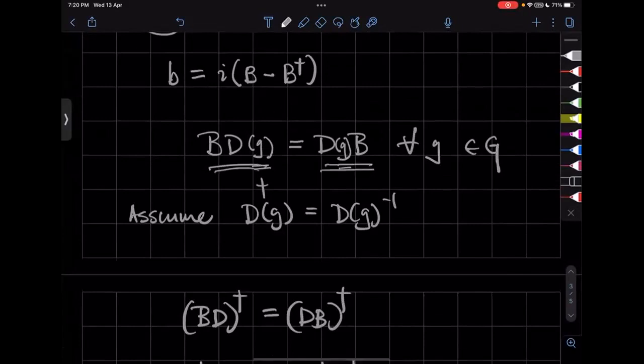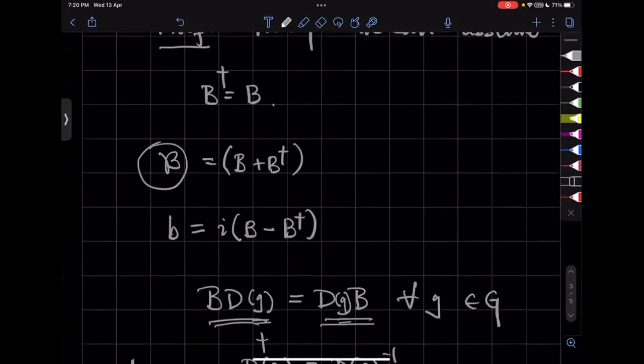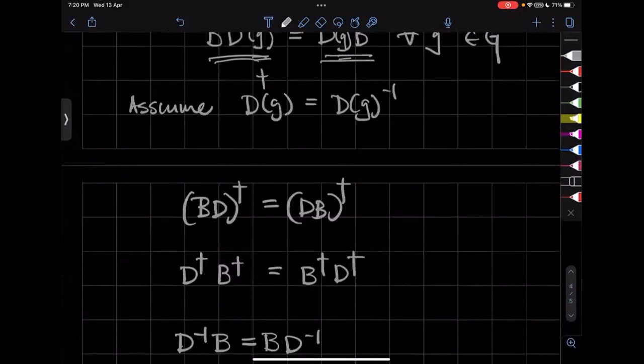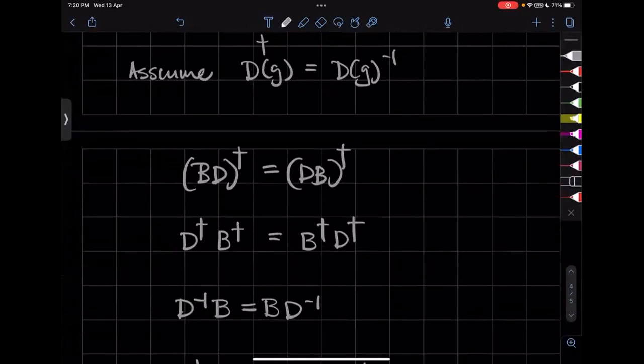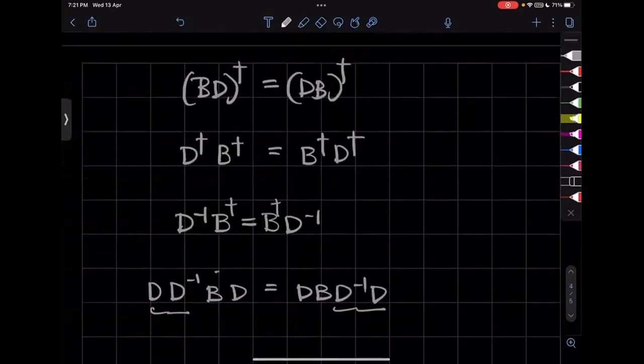But what I wanted to show is that B dagger also commutes with D, so that when we take this sort of linear combination, this thing also commutes. And of course, if I want to show that, then I cannot assume B is Hermitian.